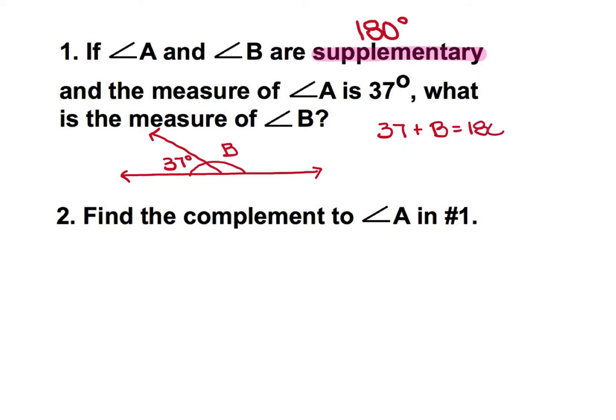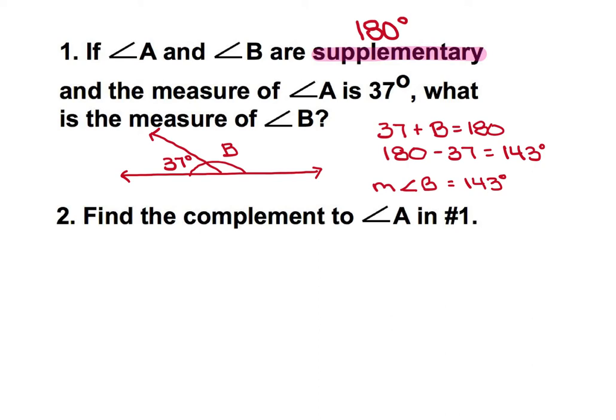Or as was said, subtract it. 180 minus 37. How much? 143 degrees. So we could say that the measure of angle B is equal to 143 degrees. That's what that M is. It stands for measure.